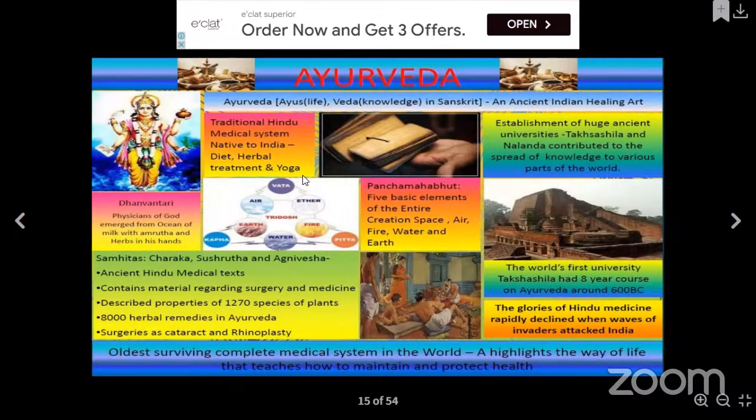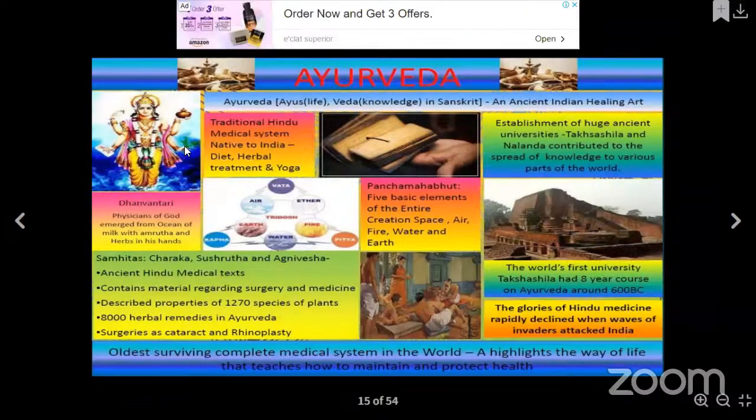This is written and said. We can say this is our mythology, a belief. In his hand there are leaves, plant material, which means the amrutam and leaves have medicinal applications.